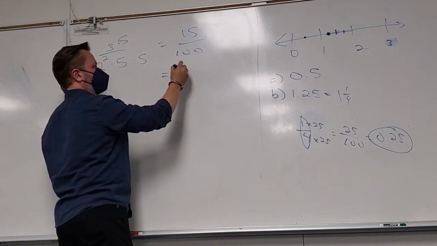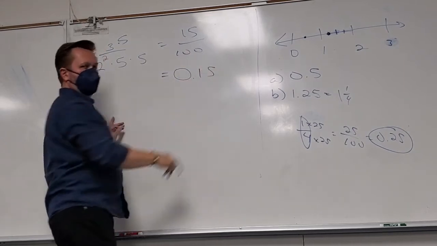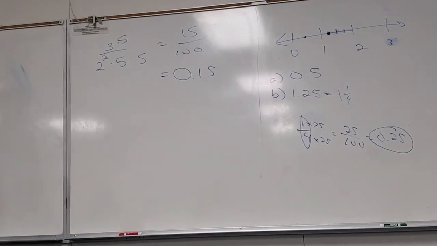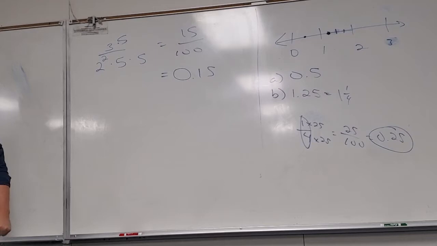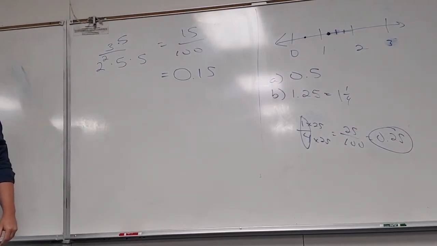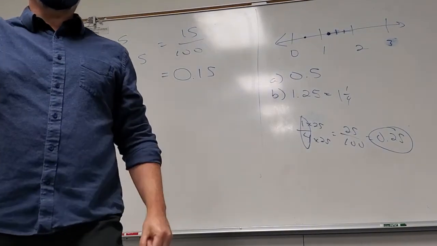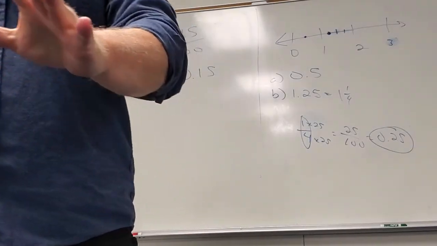So this will be 0.55. Yes. So if the bottom can be made into 10, 100, 1,000, then it is a terminating decimal. It will have a terminating decimal representation.